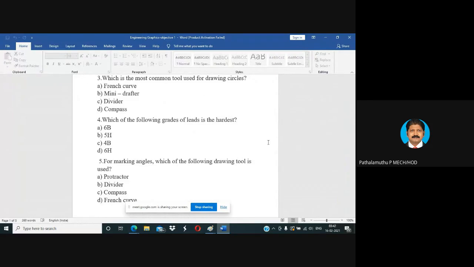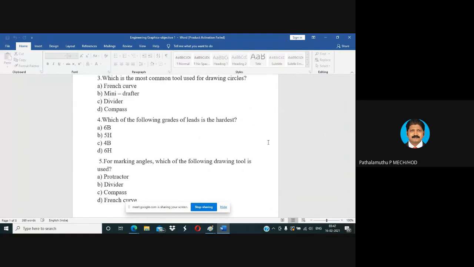Compass. Next, the fourth question: which of the following grades of leads is the hardest? Options: 6B, 5H, 4B, 6H. Hardest means the H symbol represents hardest. Maximum 6 is available, so 6H is the hardest grade of lead. The softest grade is represented by 6B.